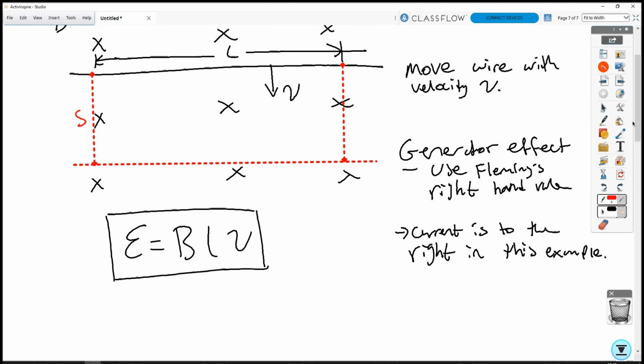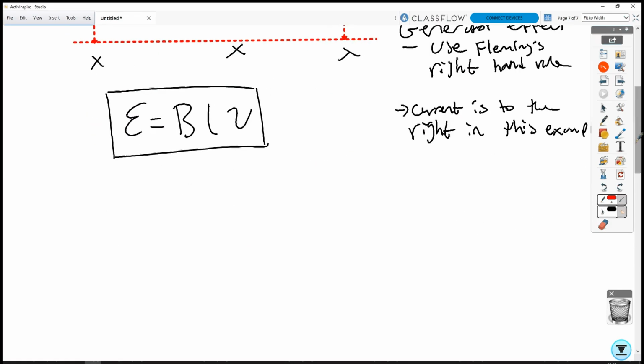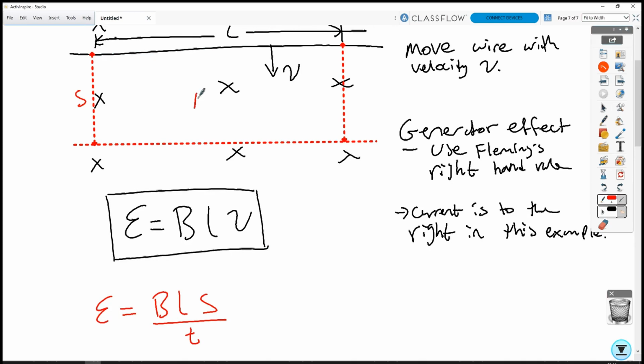So, if we look at this wire, the area traced out by the wire is equal to L times S. And V is equal to S over T. So EMF is equal to BL S divided by T. And L times S is equal to A, which is the area that's encompassed when that wire has moved along that field.